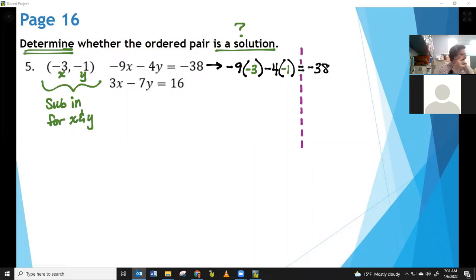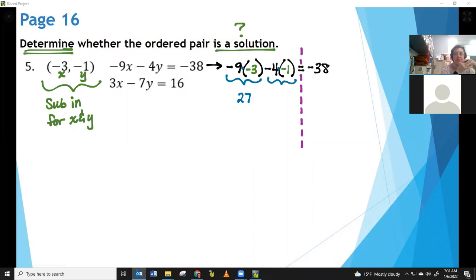Tell me what I can do. Multiply. What do I want to multiply together? -9 and -3. Okay. What do I get when I multiply the -9 and the -3 together? I get a positive 27. Beautiful. What else do I do? Oh, then -4 and -1.